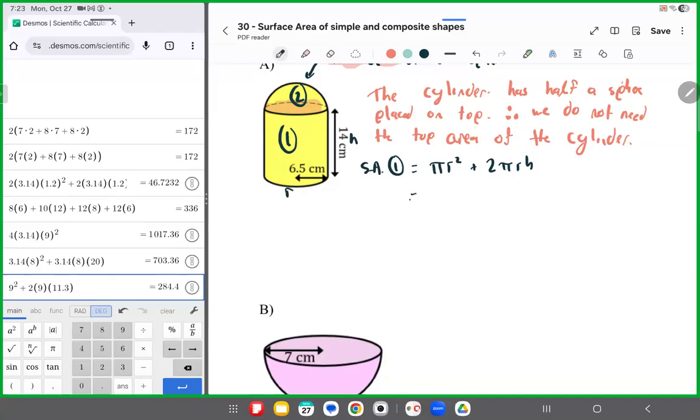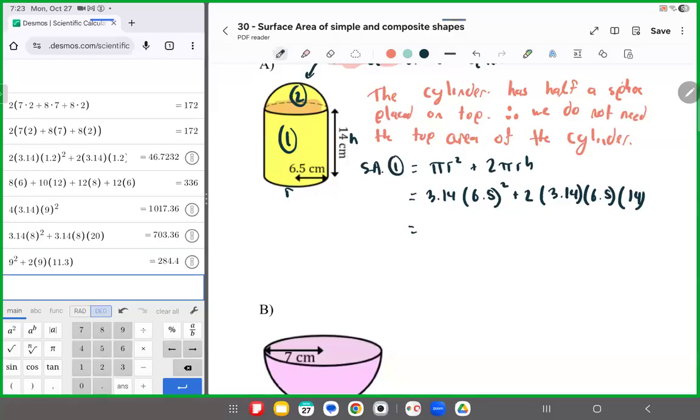So here we will have 3.14 times 6.5 squared plus 2 times 3.14 times r, which is 6.5, times h, which is 14.